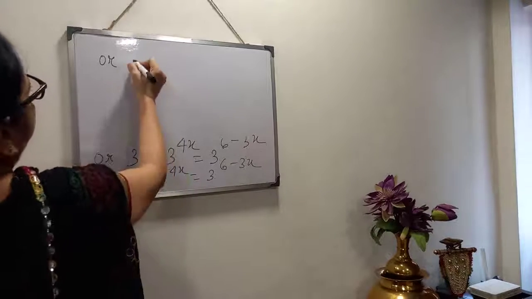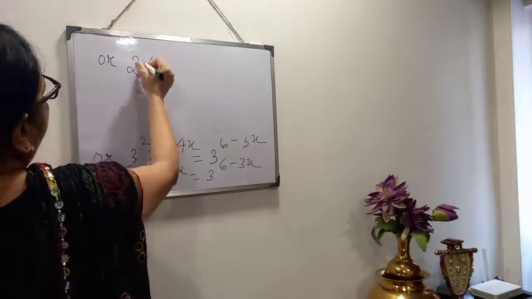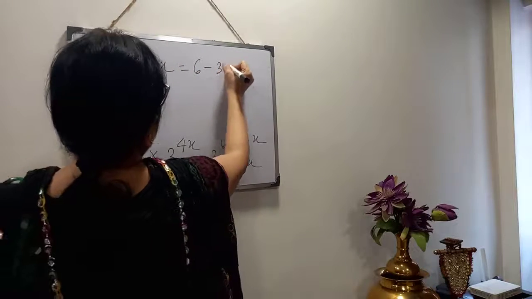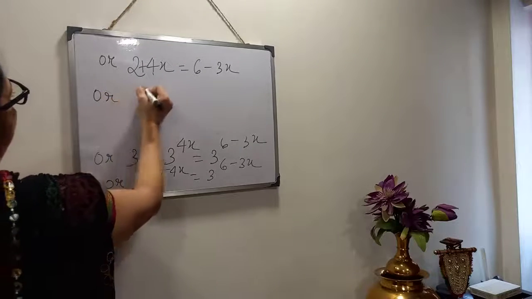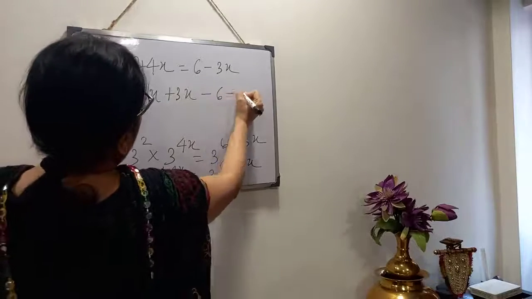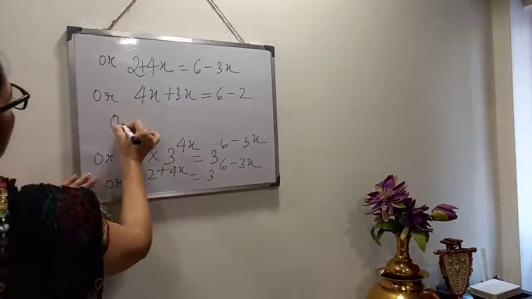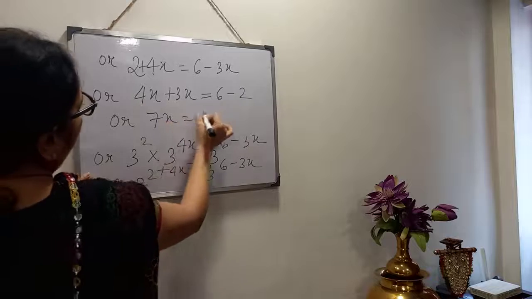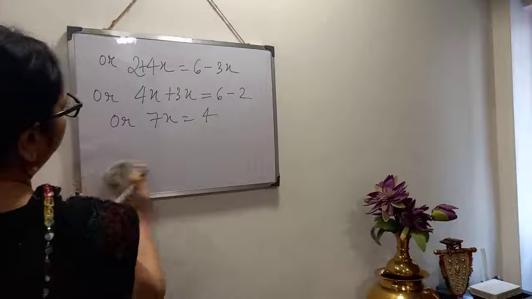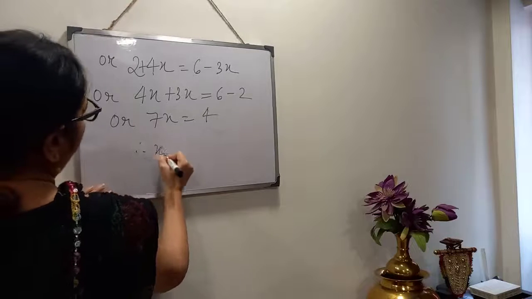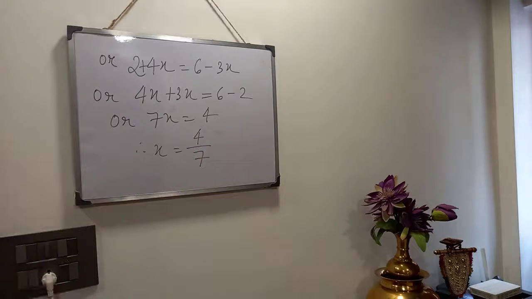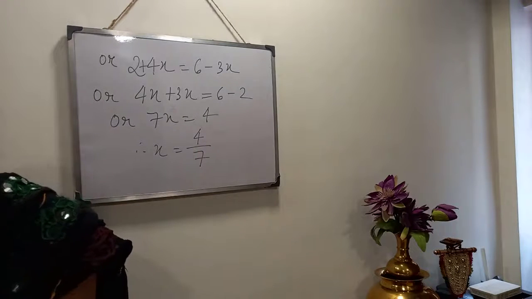In 2, 3 sums I have written. Now in all the sums we will write 2 plus 4x equals 6 minus 3x. Now x related terms on the left hand side and the others on the right hand side, or 7x equals 4. Therefore x is coming 4 by 7. Clear? This is the solution.